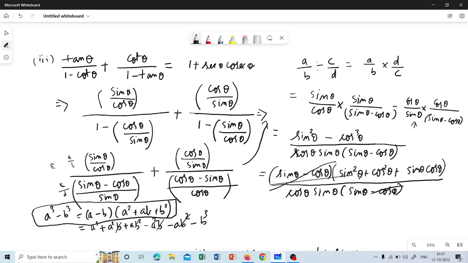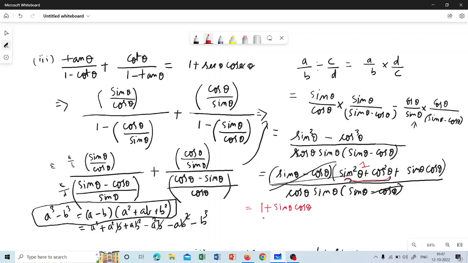So remaining, this turns out to be 1. This is 1 using the identity. So thus the numerator will become 1 plus sine theta cos theta.